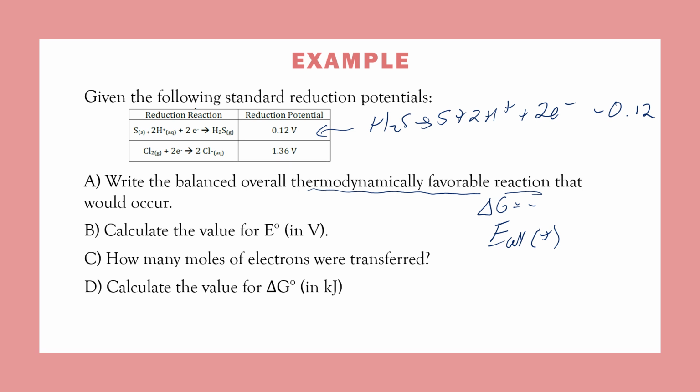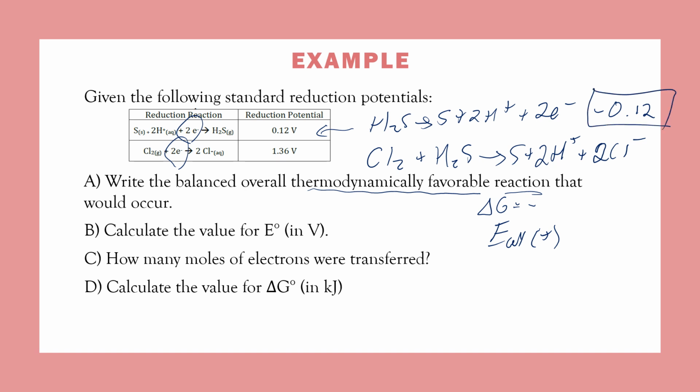Now, if you add the two reactions together at this point, you would get the chlorine gas plus the H2S will leave us with solid sulfur, 2 hydrogen ions, and the 2 chloride ions. The electrons cancel. There's 2 electrons in each, which is great. And then to find the cell potential in volts, you would add together this negative 0.12 because we flipped it, and the positive 1.36, and you get that the cell potential is 1.24 volts.